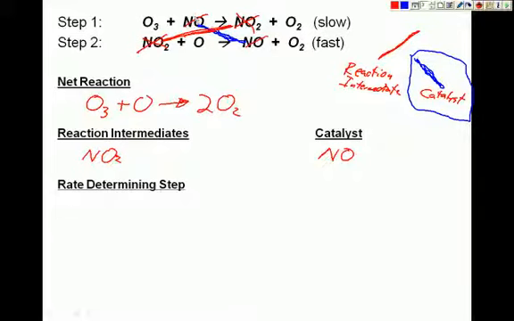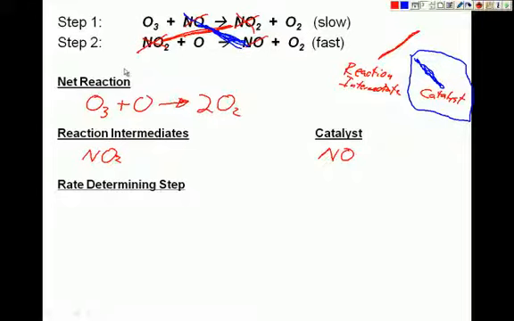As we see here, NO and NO cancel out, but the line goes from top left to bottom right, therefore it's a catalyst. For a reaction intermediate, it goes from top right to bottom left.